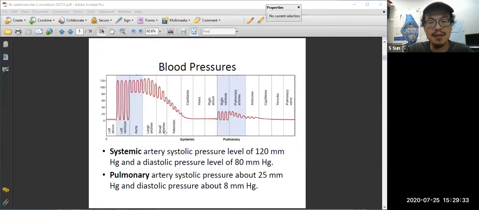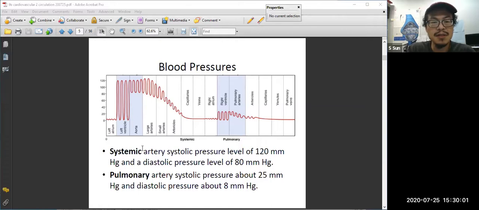And the blood pressure is high in the artery, in the systemic circulation, then goes to the local tissue, and goes back to the heart, goes to the pulmonary, in the artery it is high again, then goes to the local tissue. So for the pressure difference, when we measure systemic pressure, we basically measure the artery.